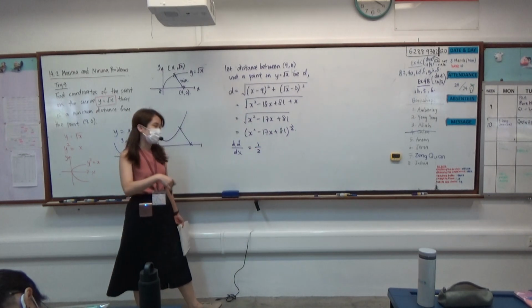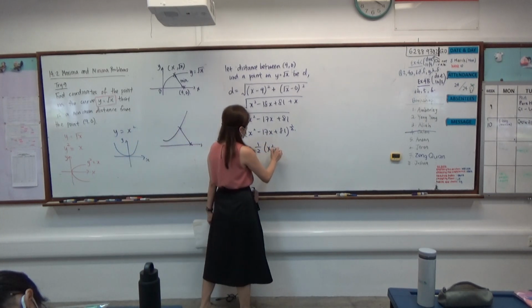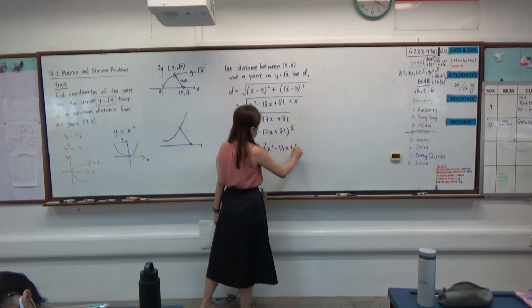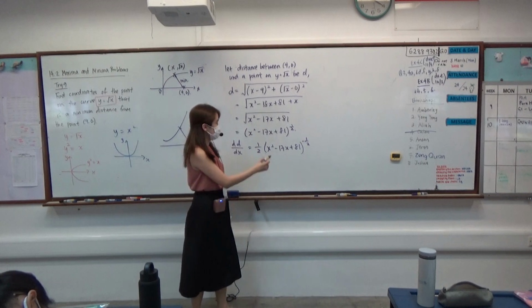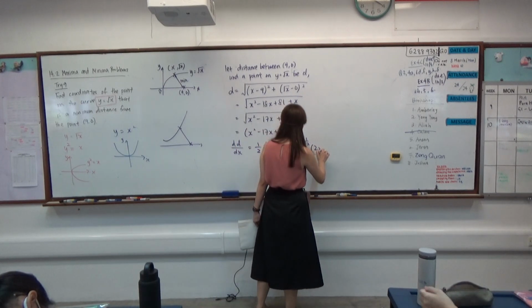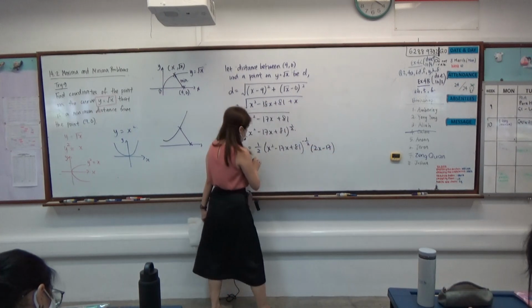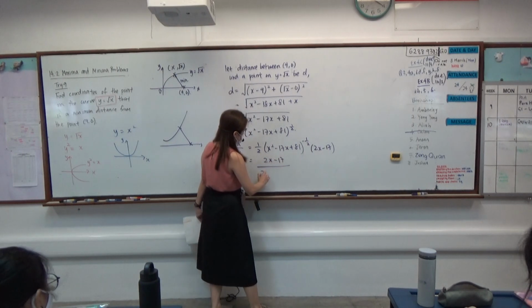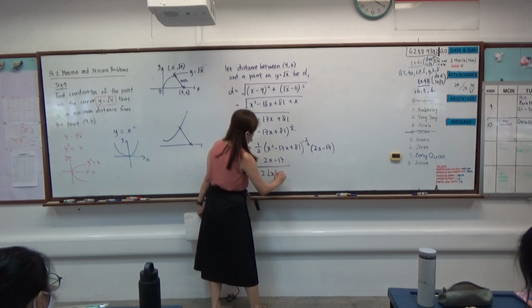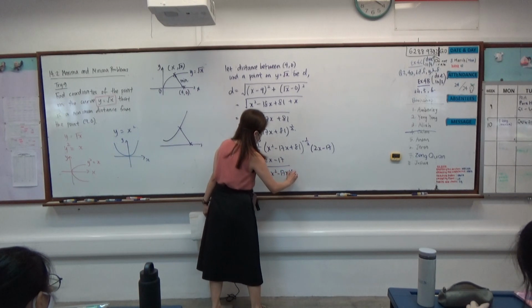So I bring down the power, then x squared minus 17x plus 81, power minus 1, so I get negative half. Differentiate the inside, I will get 2x minus 17. Most of you are able to get 2x minus 17 over 2 square root x squared minus 17x plus 81.